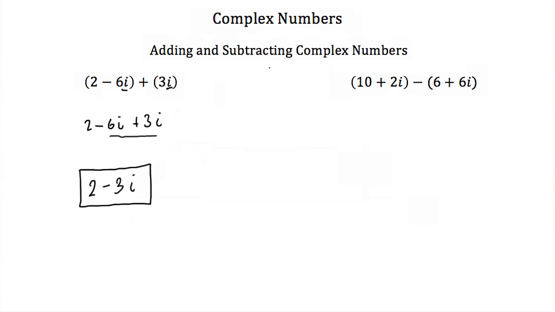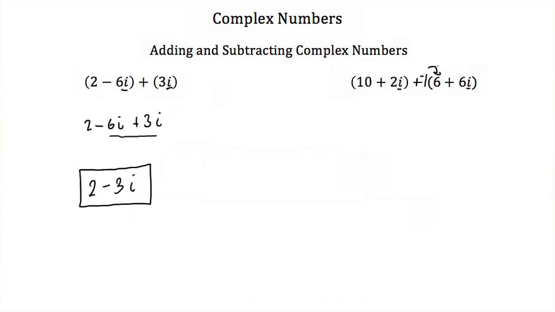Same thing for subtracting complex numbers. You can just subtract the real parts and subtract the imaginary parts. Or you can again treat i like it's a variable. So if we were going to subtract 10 plus 2i and 6 plus 6i, I would convert this. I would say this is plus a negative 1 times this number.